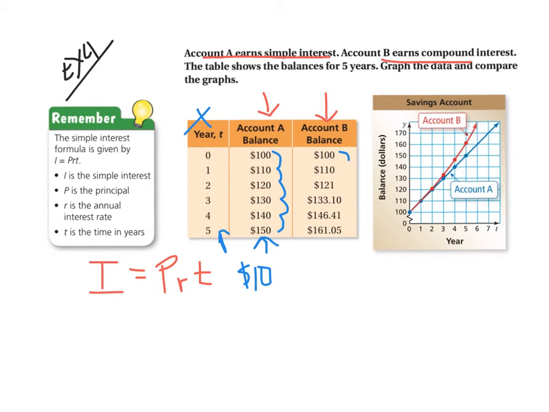In compound interest, you see that it increases by different amounts each time. So this one is obviously nonlinear, because the Y value increases by different amounts.